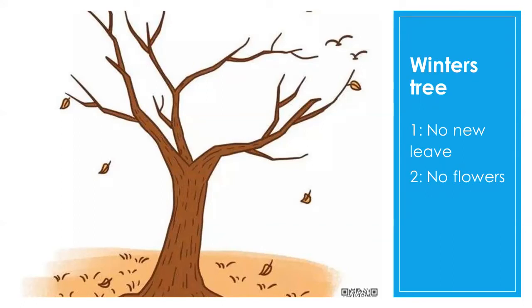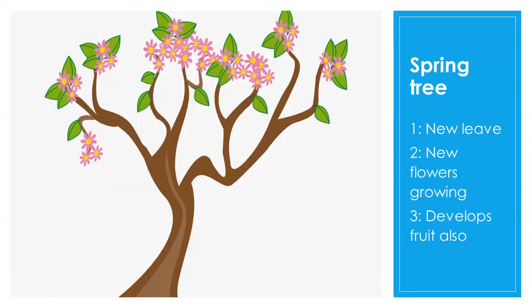In front of you is a tree. It resembles a winter tree. During the winter, there is no new leaves and no flowers on the tree. While this is a spring tree.